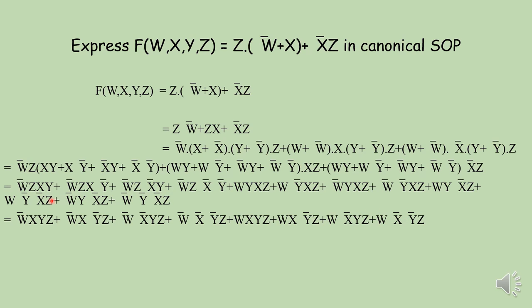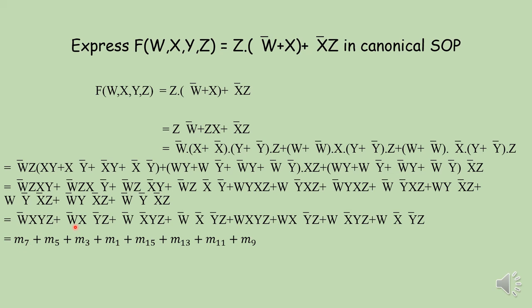So in SOP form, we know that the plain variable is represented by 1 and the complemented variable is represented by 0. So this is 0, 1, 1, 1. So the first value is for M7.